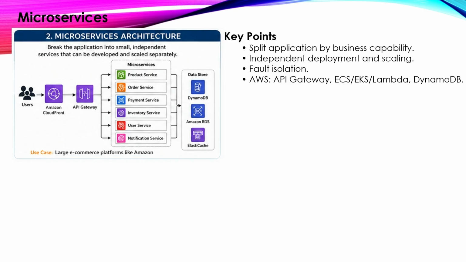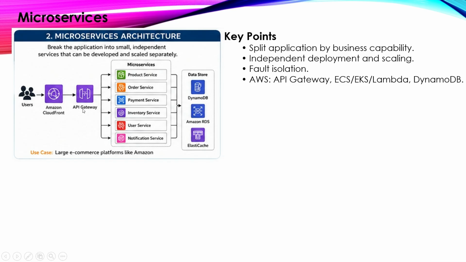So, splitting the application by business capability, with independent deployment and scaling of different services, and there is also fault isolation. If one service is down, it will not impact the other services. Here you see this microservice architecture pattern where the user calls the backend.